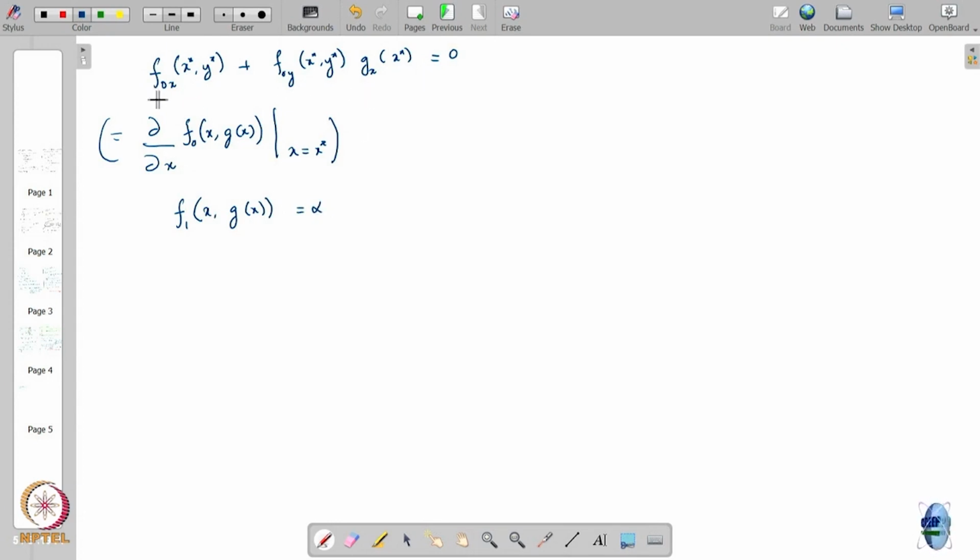So, the first equation comes from the result on optimization over open sets. This here is that x comma g of x lies on the ellipse.